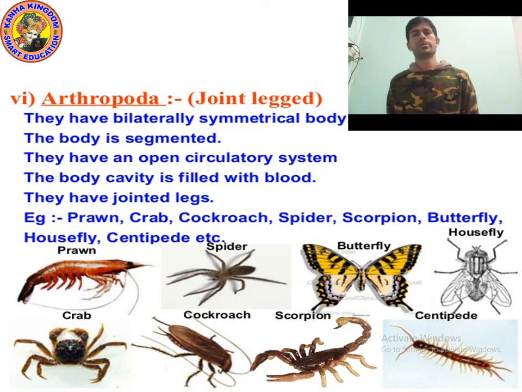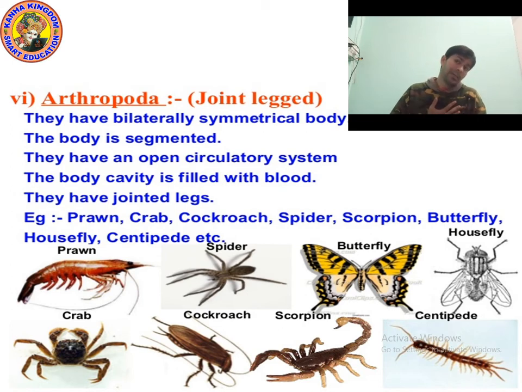So, first point, they are bilaterally symmetrical and their body is segmented, and they have an open circulatory system. There are two types of circulatory system: closed and open. Our body has a closed circulatory system, because our blood flows in veins.